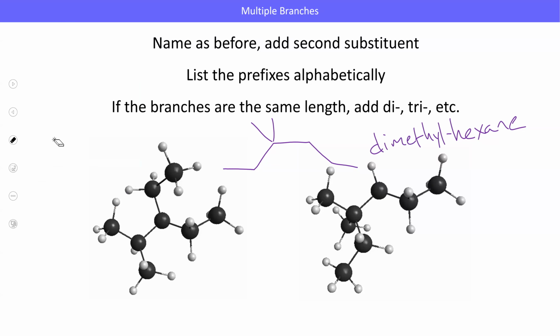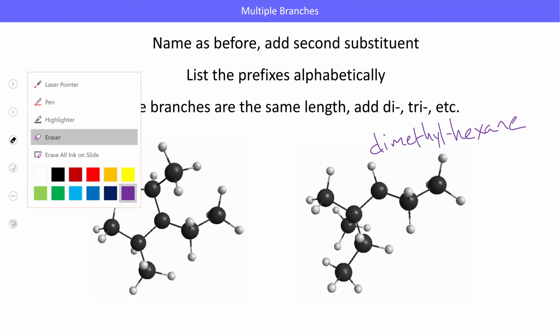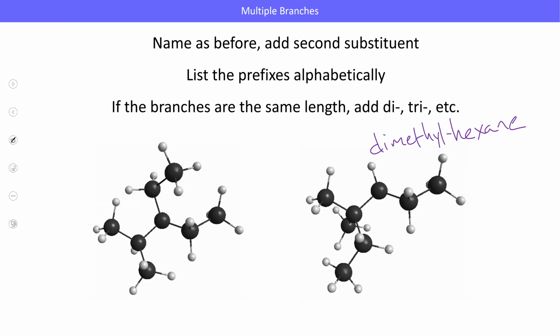The way we do that is if you say di anything, you've got to have two numbers in front of it. Unless it's a case where there's only one possible way to arrange things. But in general, there's two methyls here and here. We have to specify where both of them are.